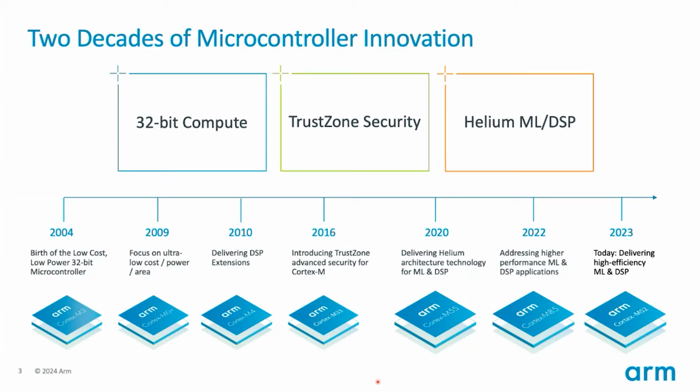And this makes it possible to deploy more compute-intensive ML inference algorithms in endpoints without a dedicated NPU, for example. And today, we extend those ML and DSP capabilities to the highly efficient space with a Cortex-M52, which we just released by the end of 2023. So this is just a quick look at how complexity and of course performance increased over the years. This is roughly a timeline of 20 years.